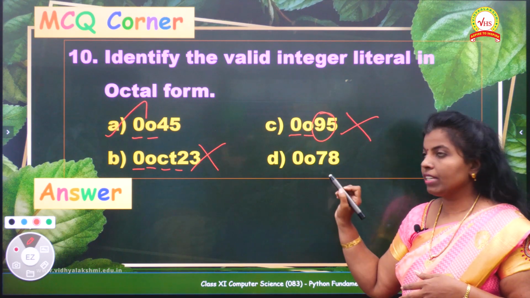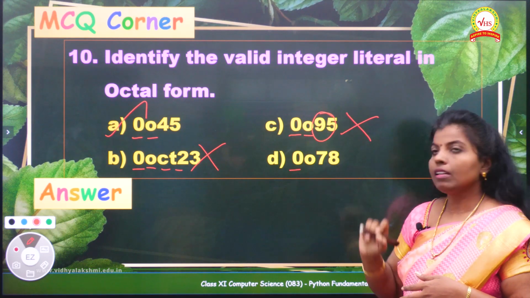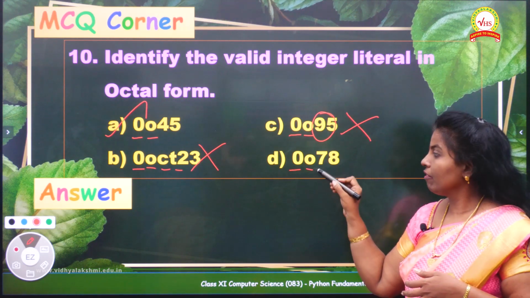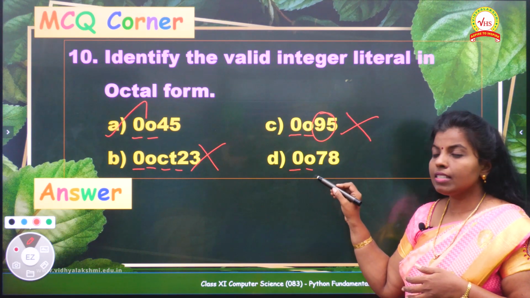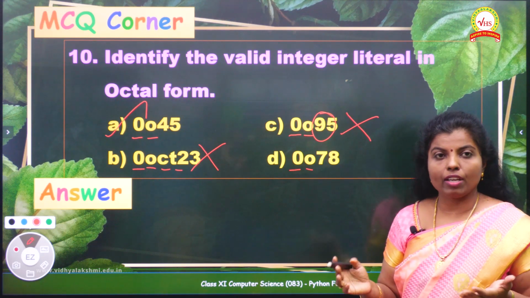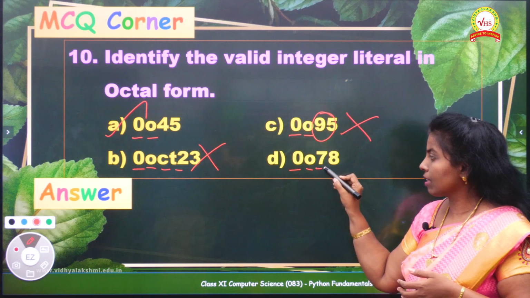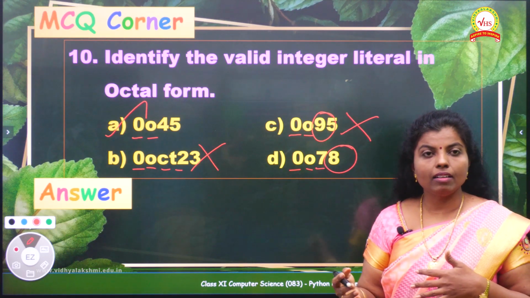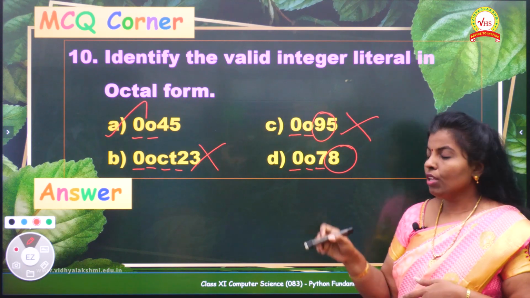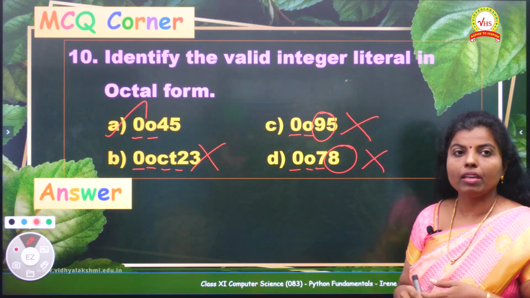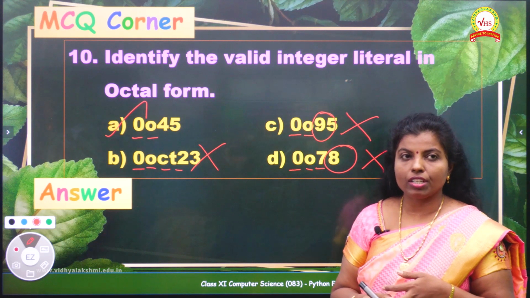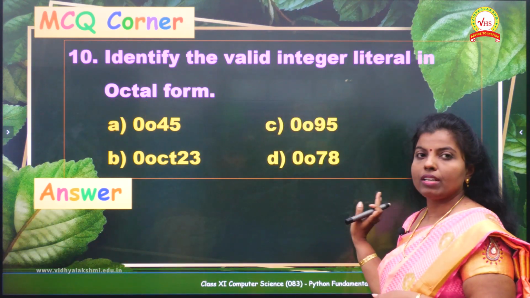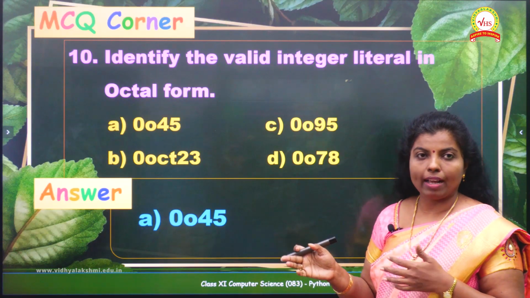Option D starts with the number 0 followed by the letter O, followed by 7 and 8. The digit 7 is in the range of 0 to 7, so this is correct, but the next digit does not come under the range of 0 to 7. So that's why this is also going to be an invalid integer literal in octal form. So our option is going to be option A, 0, O, 4 and 5.